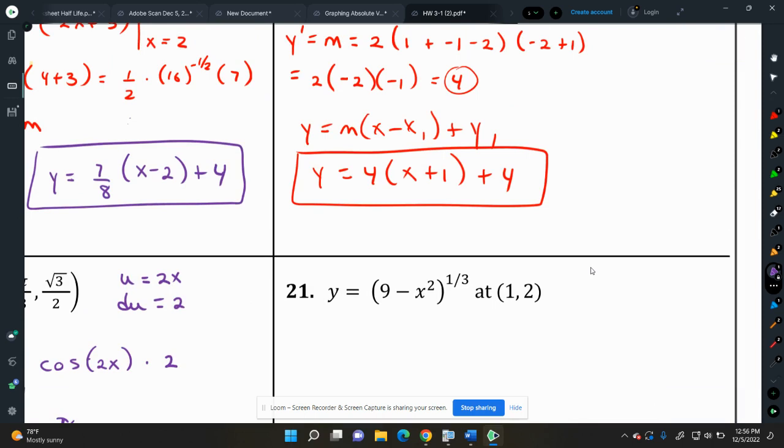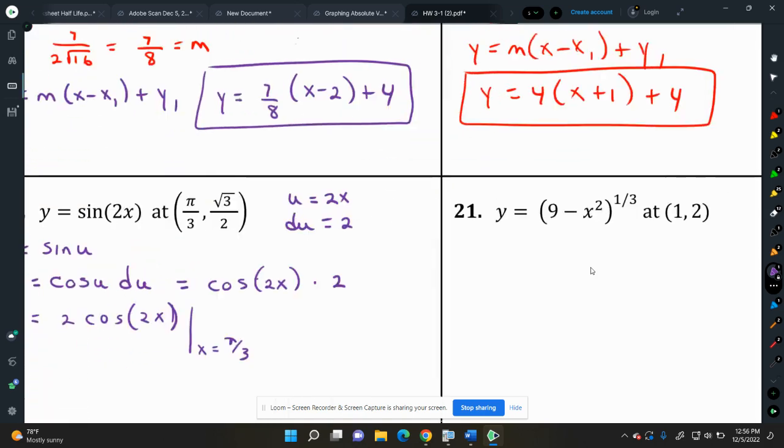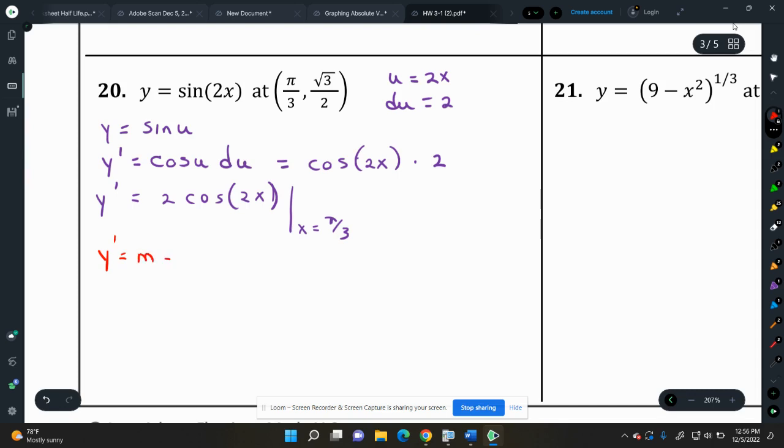Okay, so we took the derivative. Now we have to substitute in pi over 3, because we're still looking for our slope. So y prime, which is our slope, will be equal to 2 cosine of 2 times pi over 3. So go back to our unit circle, where this is going to be 2 cosine of 2 pi over 3, right?